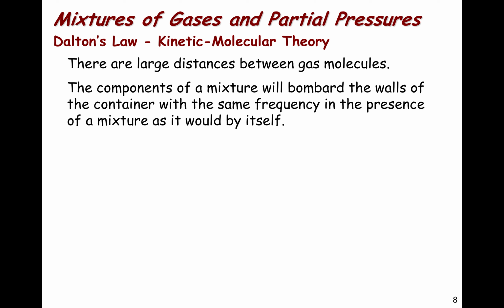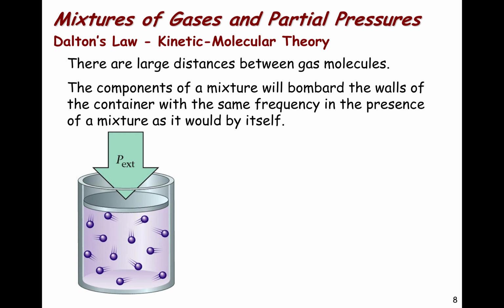So Dalton recognized that mixtures of gases, as long as they behave like ideal gases, will behave much like a pure gas. And so it turns out that the kinetic molecular theory applies to mixtures as well as it does to pure gases.